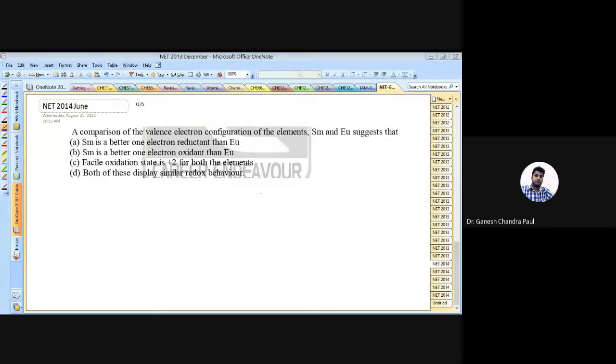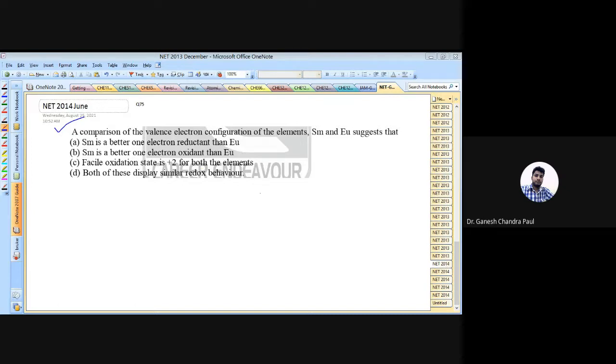That question also came from the lanthanide series elements. A comparison of the valence electron configuration of samarium and europium suggests that samarium is a better one electron reductant than europium. Samarium is a better one electron oxidant than europium. The facile oxidation state is +2 for both elements.